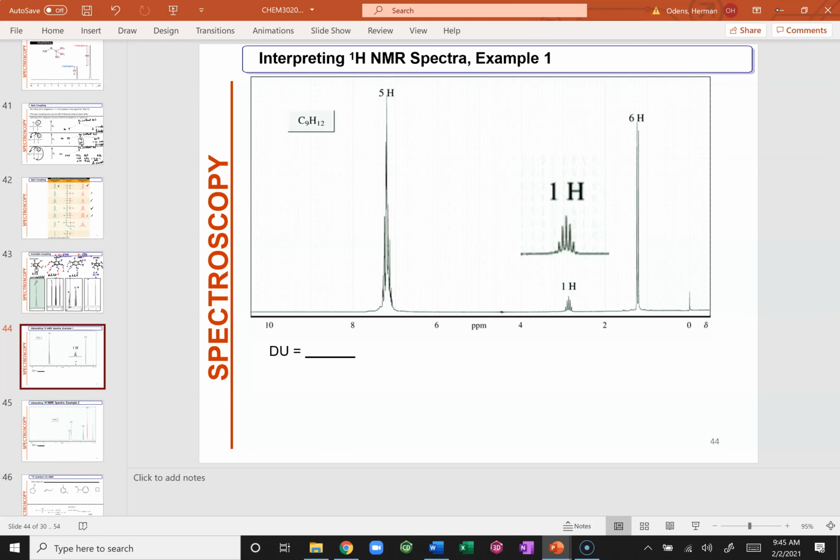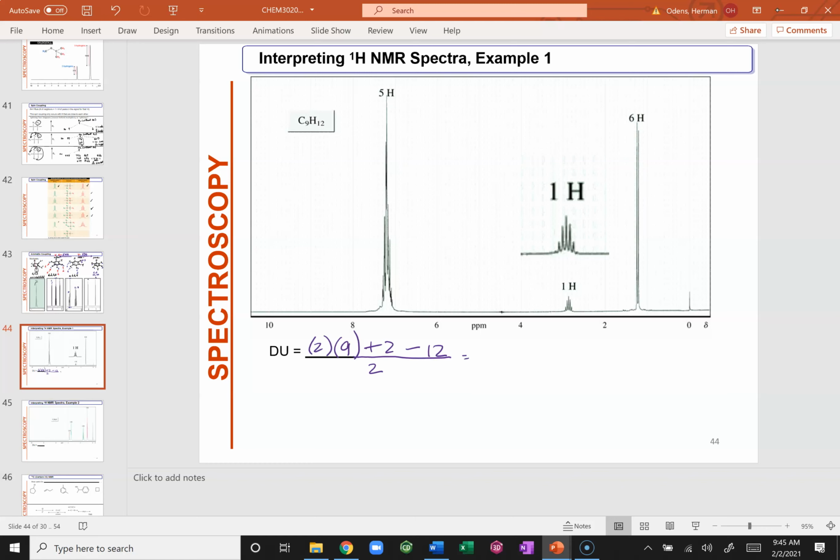All right. So let's find the DU. DU is equal to 2 times the number of carbons plus 2 if it doesn't have a nitrogen, minus the number of X, in this case 12, and divide all of that by 2.